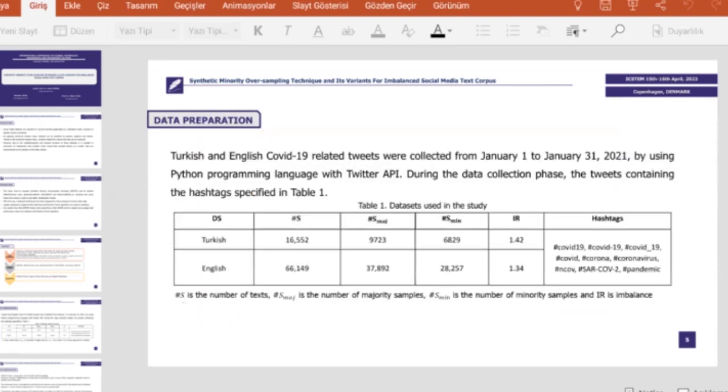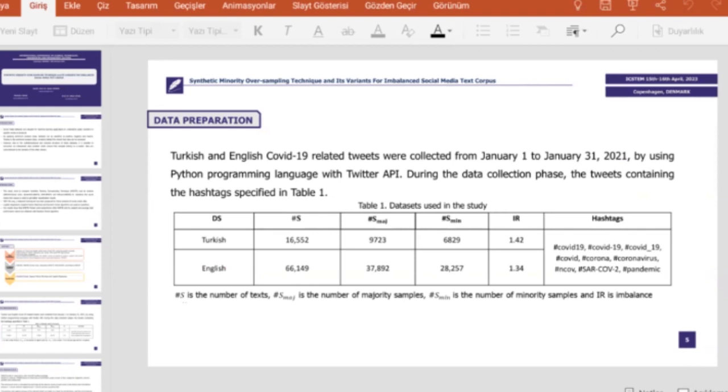And before starting the algorithm, including January the 1st and January 31, 2022, we collected, as you can see from my screen, 16,552 tweets for the Turkish language. After the pre-processing techniques, we got 66,149 English tweets.